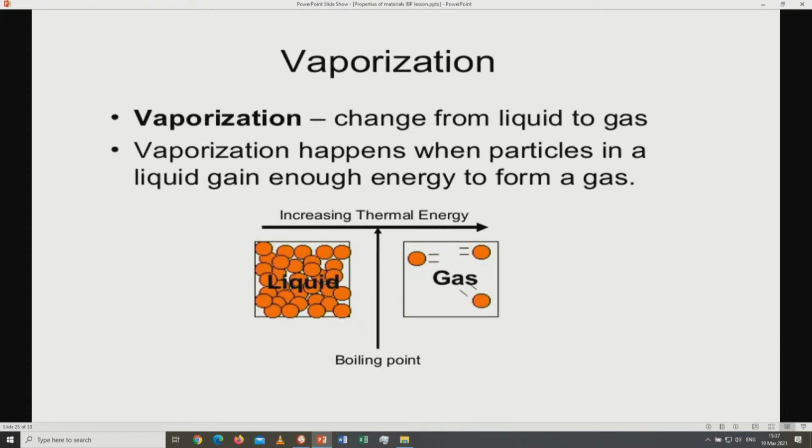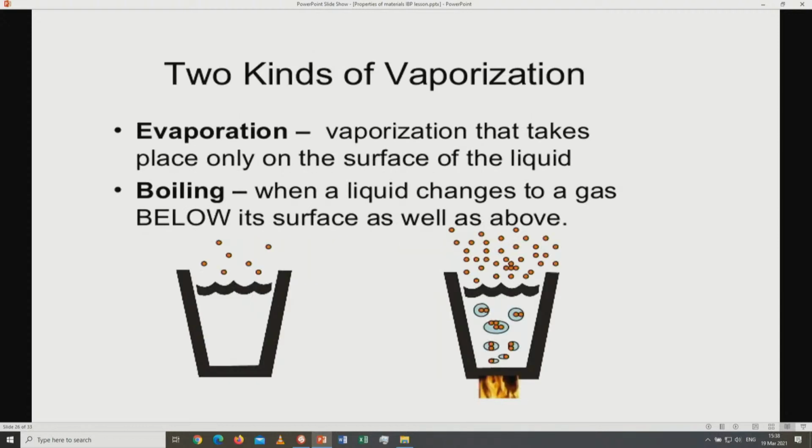Now let's look at another state before we can talk about the boiling point. We have vaporization. Vaporization is the state where liquid turns to gas. It happens when particles in a liquid gain energy to form a gas. We have two types. The first one is evaporation.